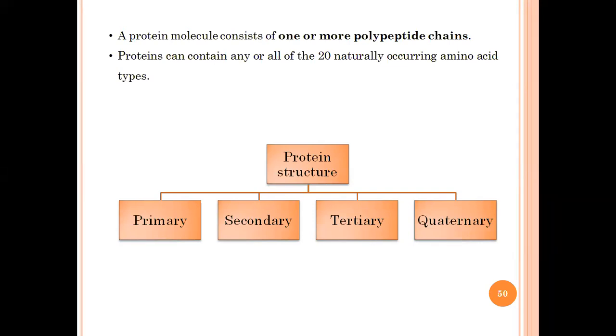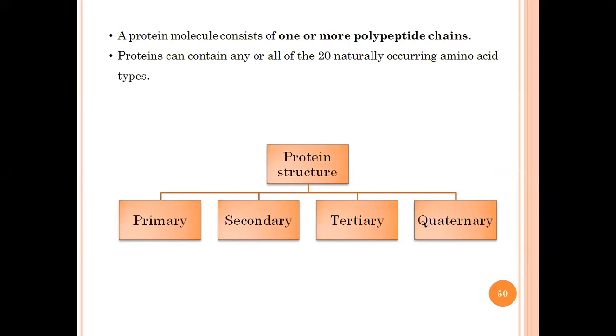Okay. So, based on the typical structure of a protein or how a typical stable protein is made or synthesized, there are different levels of structure. Starting from a primary structure, then it goes to a secondary structure, then a tertiary structure and a quaternary structure. अगर मुझे simple words में बोलना है, then the types of protein include primary structure, secondary structure, tertiary structure and quaternary structure.